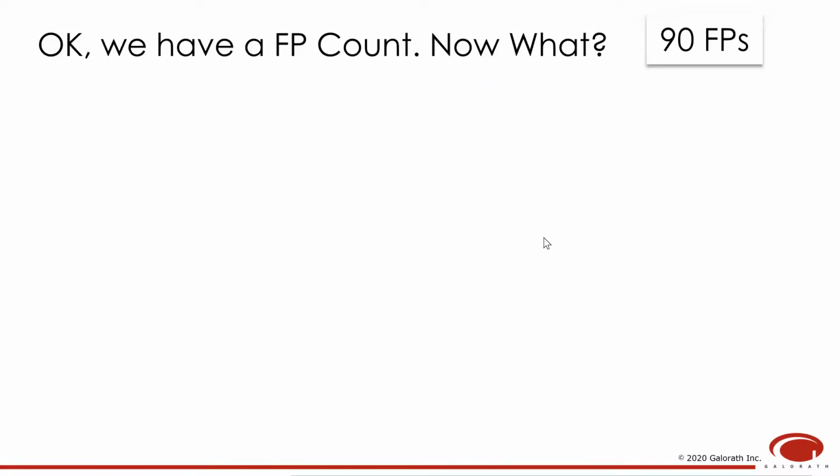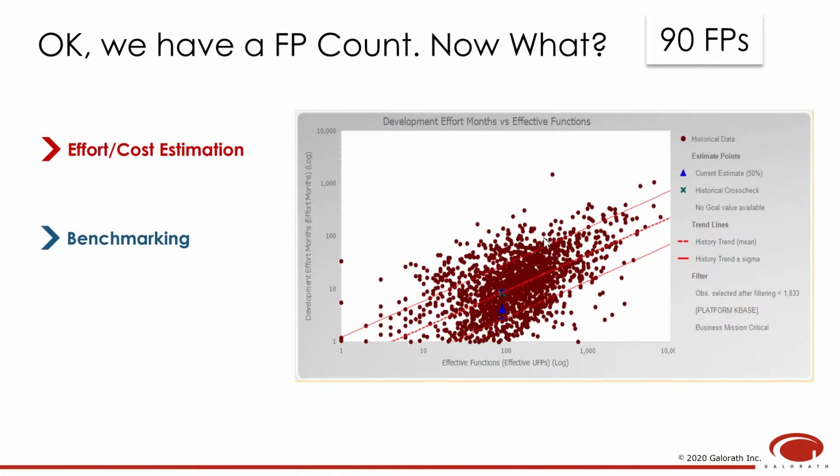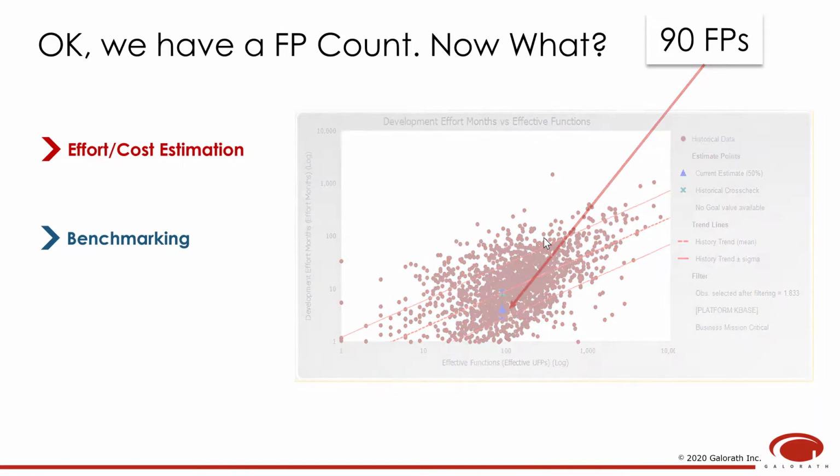The most common use of function points is on effort and cost estimation. A parametric estimation tool such as SEER for software can be used to generate effort, cost, and duration estimates based on your function point count. Benchmarking allows organizations to assess their productivity by comparing against the industry data or their own historical data.